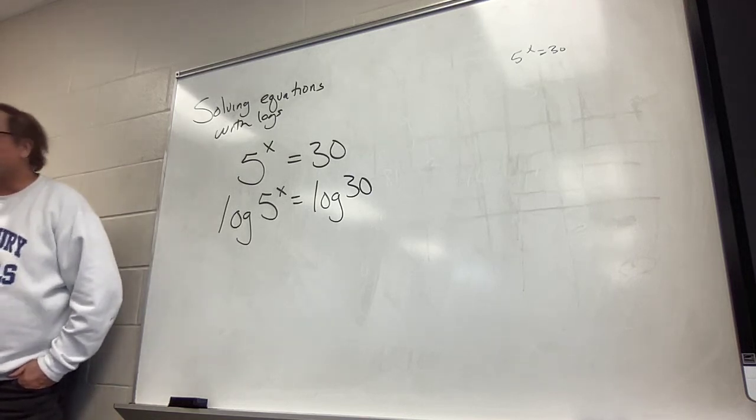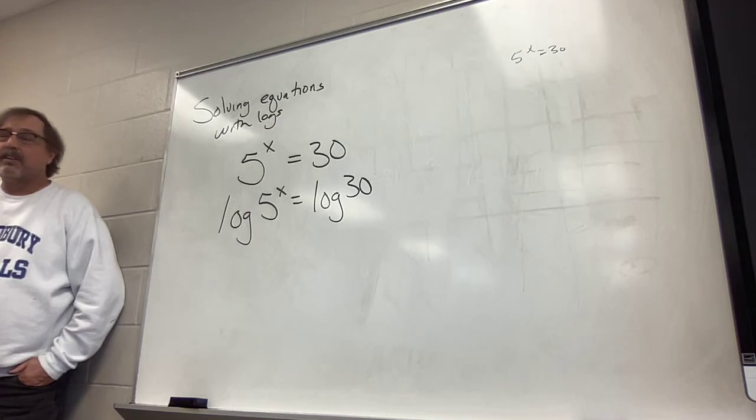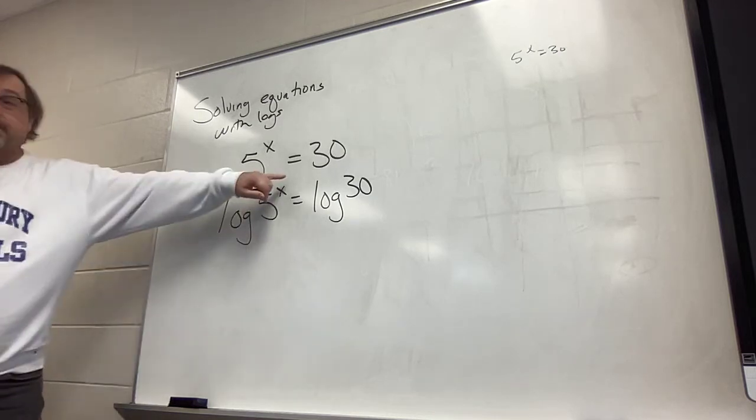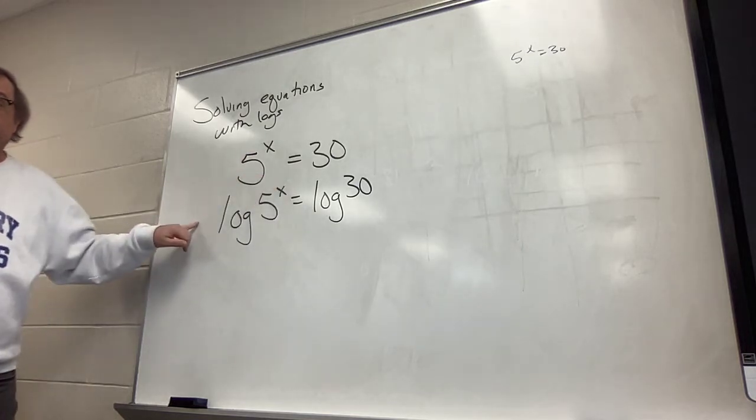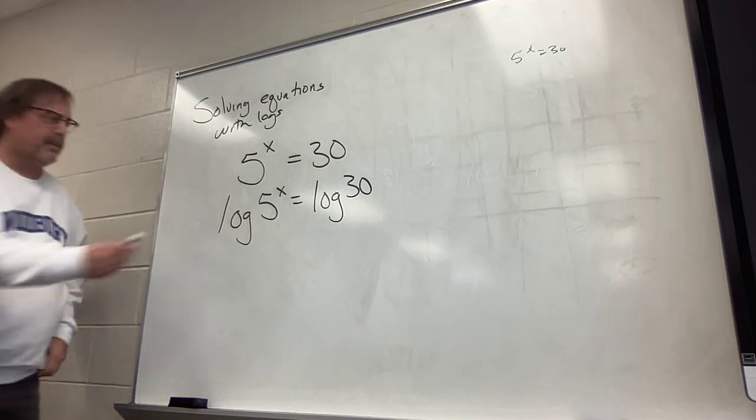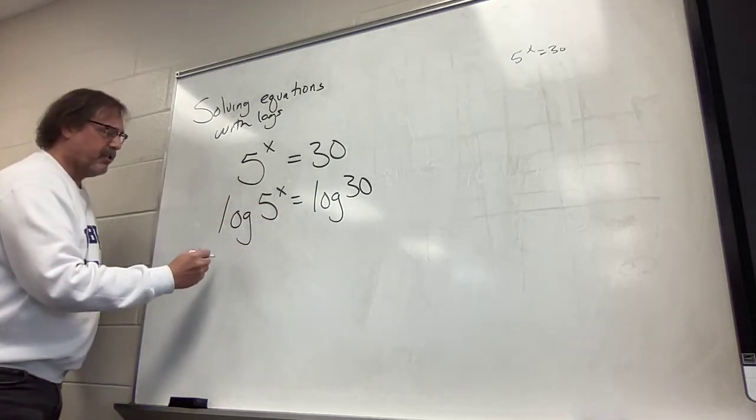Okay. You're now going to learn the first rule of logs. An exponent on a log may be brought to the front of the log. This x is allowed to go to the front.